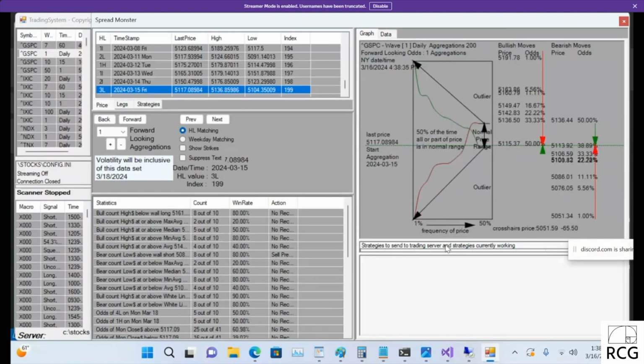So it's moving a little bit more into the oversold area, the SPX. This ledge is showing us we've had a lot of support right here in that area.